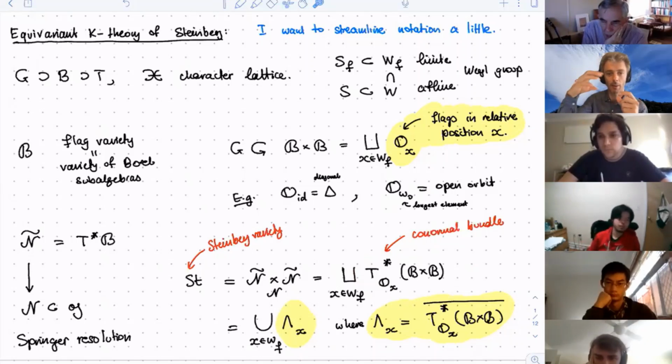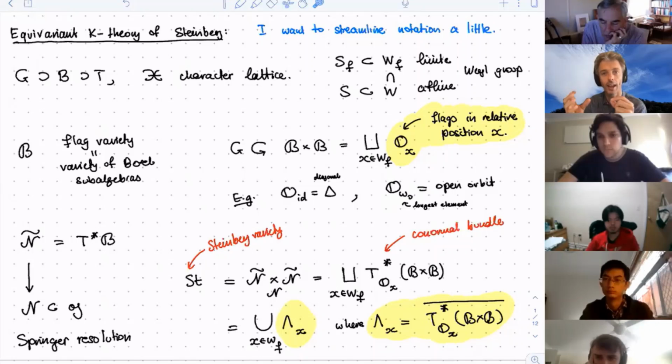So for example, if we think about P1, you have the impression that all the action is on the open stratum, and then there's this little point along to the right. And this is not at all the case. The open stratum and the point have equal weight in the theory.